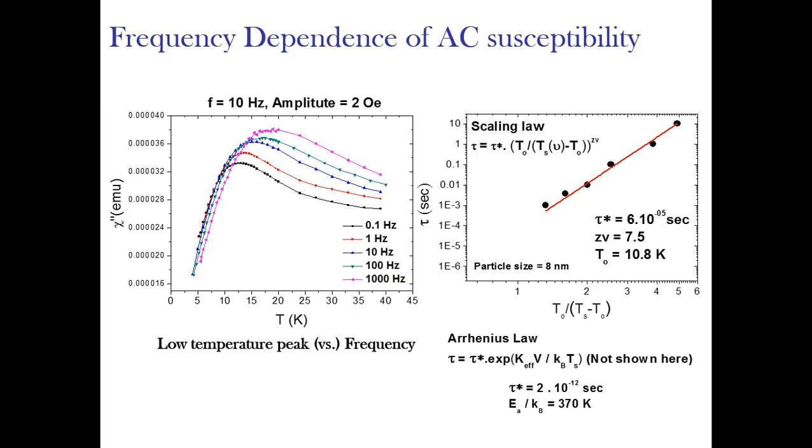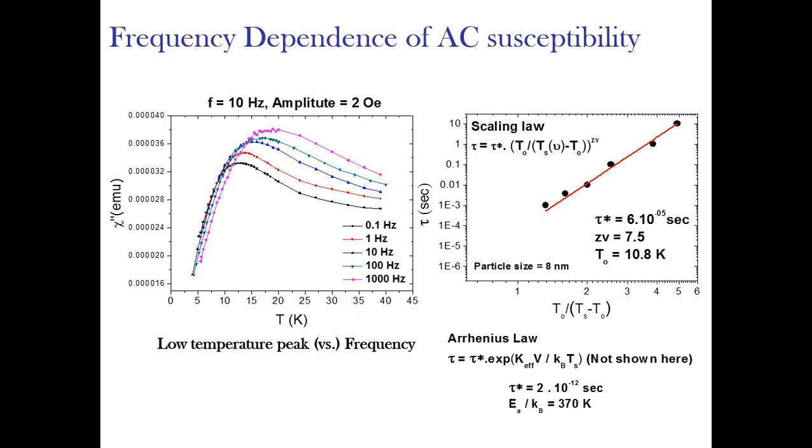In the fitting, we have shown you the scaling law fitting, which is very famous for studying spin glass behavior, and the Arrhenius law, of course, does not fit this system well. After fitting the change in blocking temperature with frequency, we got the zv parameter, which as I told you is very important, equal to 7.05, which lies in the spin glass region of 4 to 12.